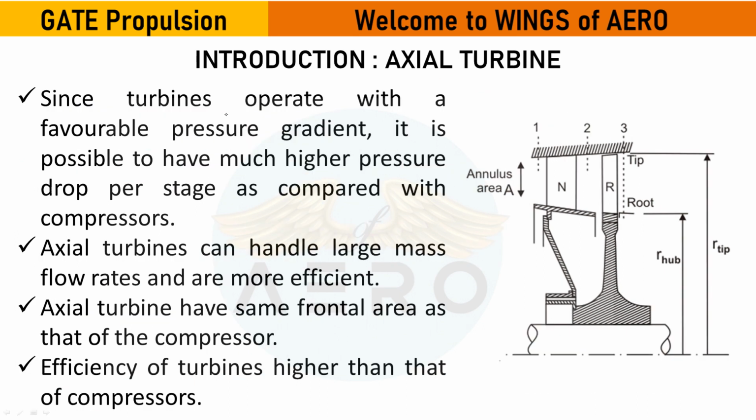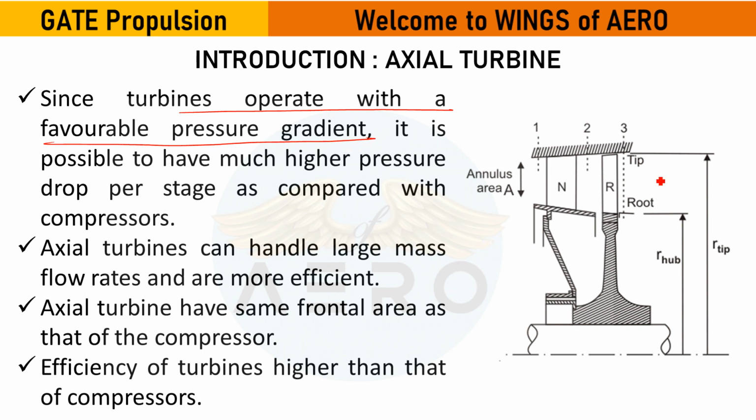Then, since the turbine operates with a favorable pressure gradient, it is possible to have a much higher pressure drop per stage as compared with the compressor. This is again a very important point. So the turbine operates with a favorable pressure gradient, right?